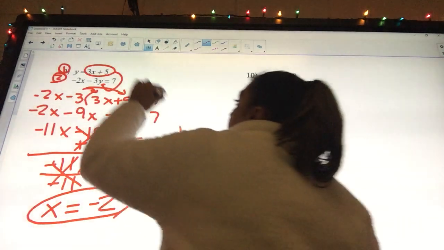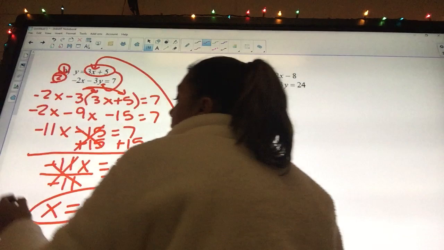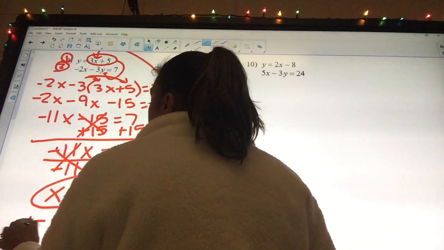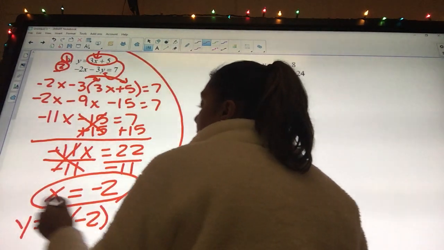We plug that back in way up here. Okay, so that's y equals 3 times negative 2 plus 5.